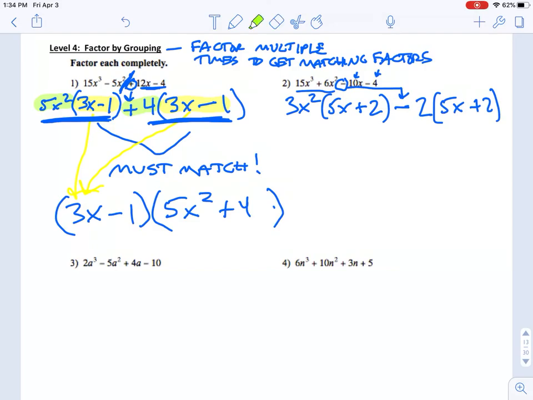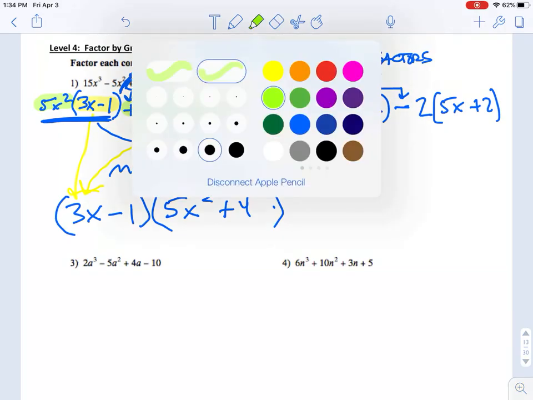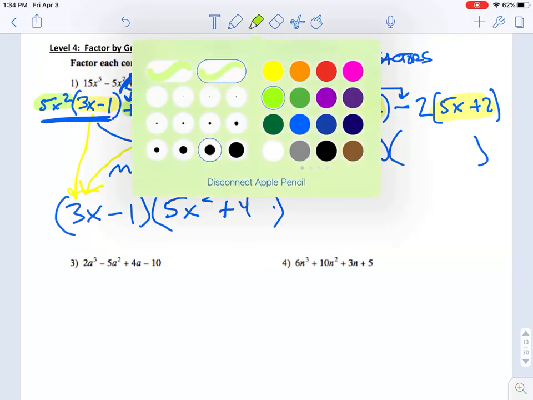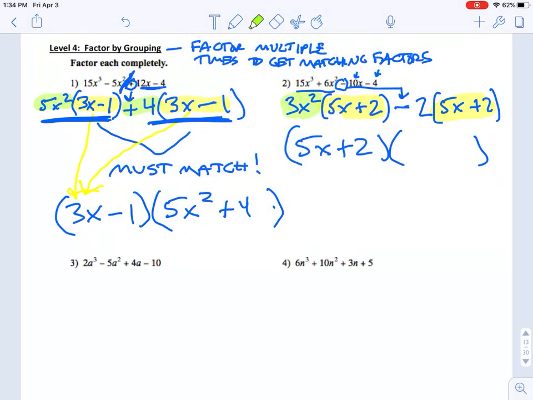Okay, and now once we've seen that we have matching factors right here, that one comes out in front. That is the new GCF for the problem. And then what's left? We got a 3x squared minus 2.